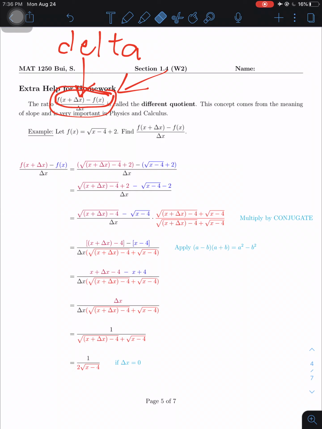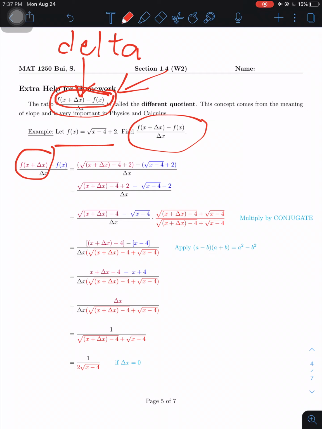In the problem they will give you something like a function, and they're going to ask you to find the difference quotient. What you're going to do here is first identify f of x plus delta x.